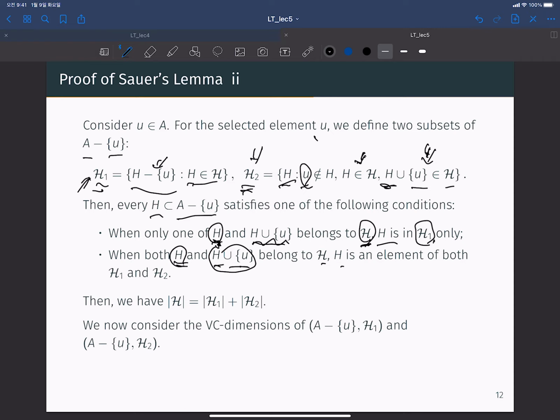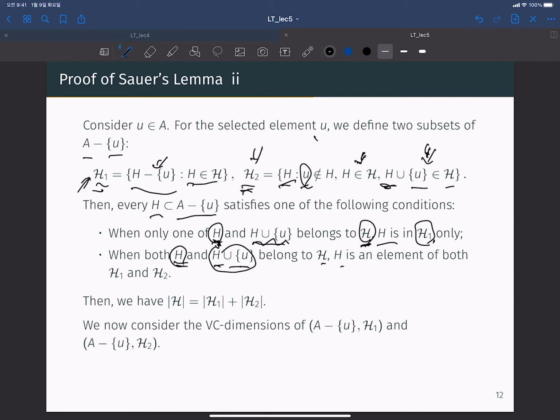And so when both are members of the original hypothesis set H, then we can say the hypothesis is an element of both H1 and H2.